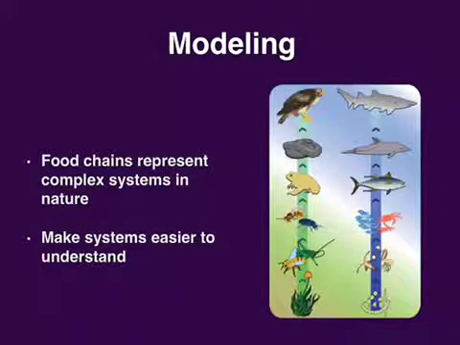So another example of a model would be a food chain. Food chains represent complex systems in nature, and it makes systems easier to understand. This food chain model helps us see how energy travels from the producers in a system all the way to the top predators.